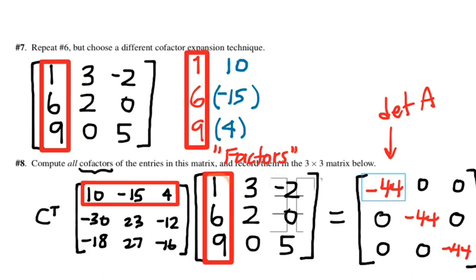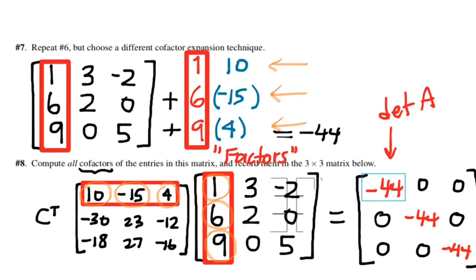We're exactly getting 1 times 10 plus 6 times negative 15 plus 9 times 4. In other words, we're getting exactly the cofactor expansion that we built, which was a cofactor expansion down the first column. So it's not a surprise that we got the same answer as we got when we just computed the determinant up here using the cofactor expansion, negative 44.